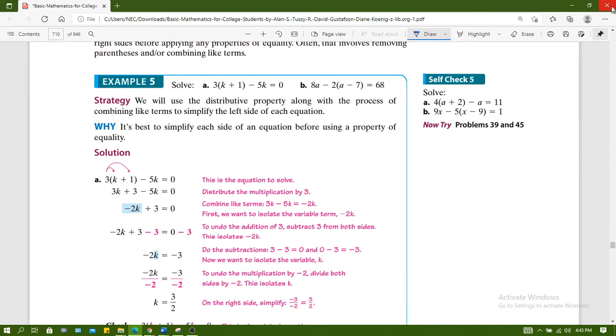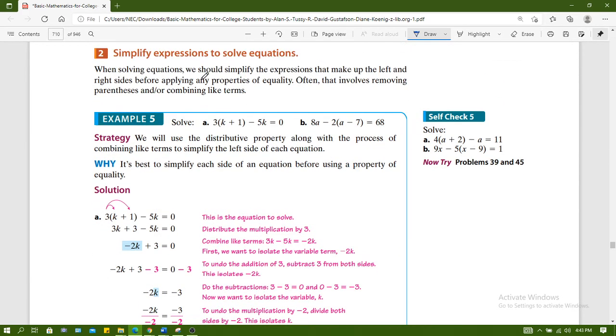Okay, number 2. Number 2 is simplify expressions to solve equations. So when solving equations, we should simplify the expressions that make up the left and right sides before applying any properties of equality. Often that involves removing parentheses or combining like terms. So when we simplify, we remove parentheses and combine like terms.